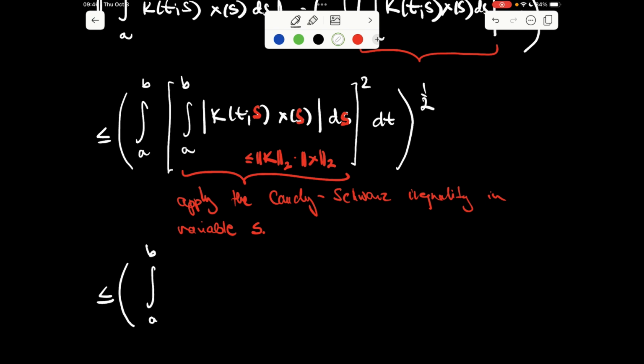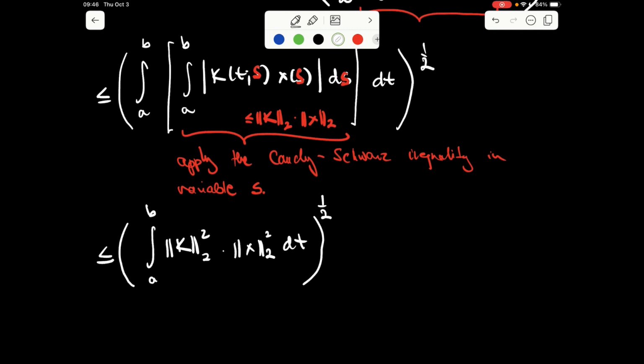The norm, which is still the same, and the norms of the functions. And the integral is with respect to t, but we used the Cauchy-Schwarz inequality in variable s.